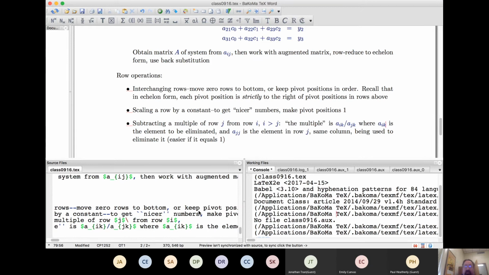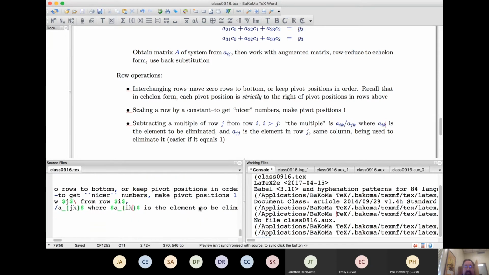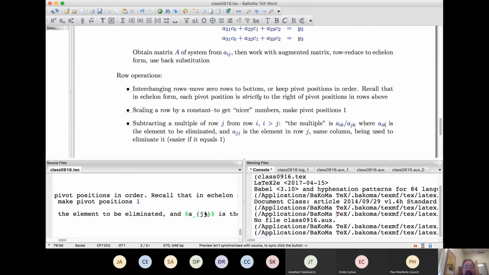So a_ik is the element being eliminated, and this is a_jk. So it's not necessarily an element that's on a diagonal. That's always the ratio that you use when you are subtracting a multiple of row j from row i. So that's very important. It's subtracting, not adding.